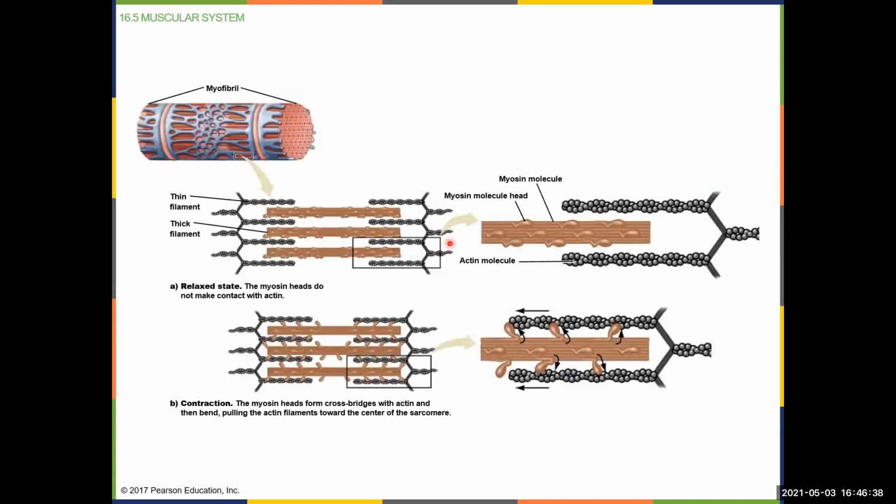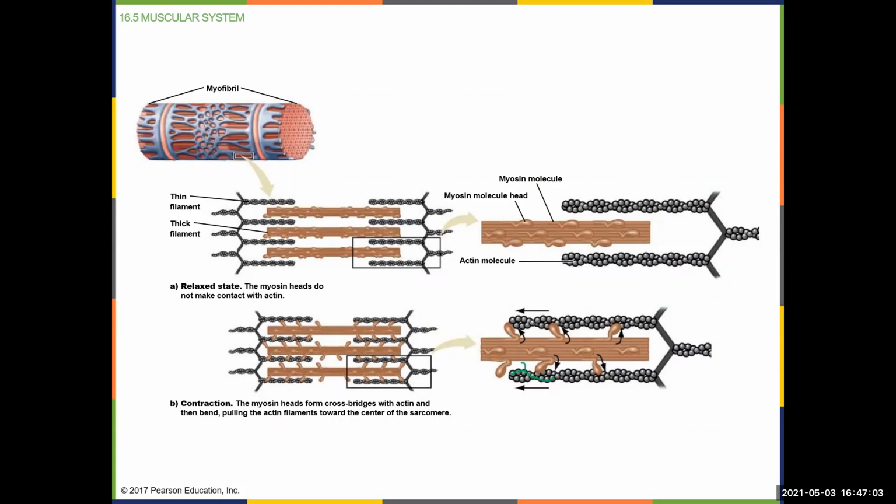Now this figure here shows that in action. All right. So we have our sarcoplasmic reticulum, right? This is wrapped around the myosin and actin proteins. It releases the calcium. That calcium will bind to the troponin complex, which is on the actin, right? It would be on the actin, covering up those binding sites.